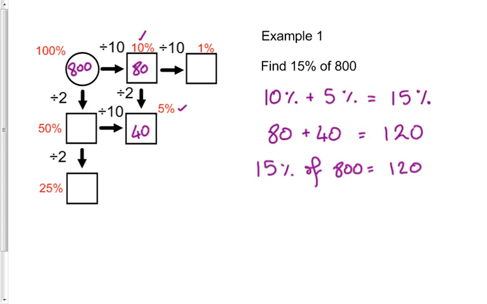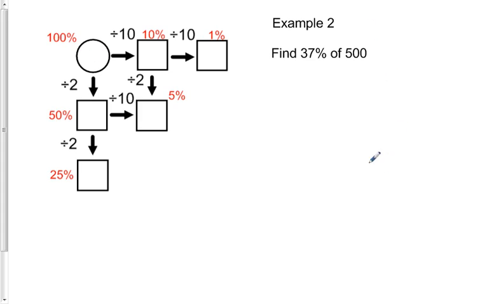Let's try another one. Example 2 this time. Find 37% of 500. Now it's trickier this time because we've got an unusual number here, 37%. Looking at the percentages that we can easily find, the largest number that fits into 37 is 25. So we know we're going to need the 25%.